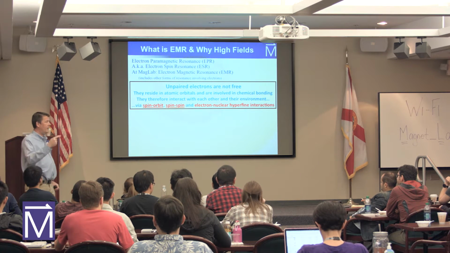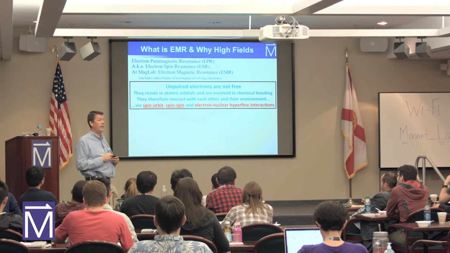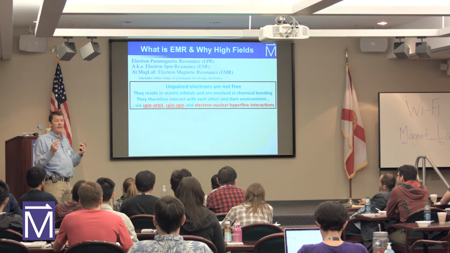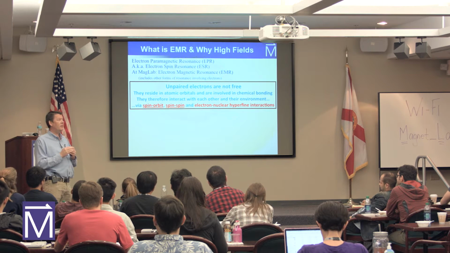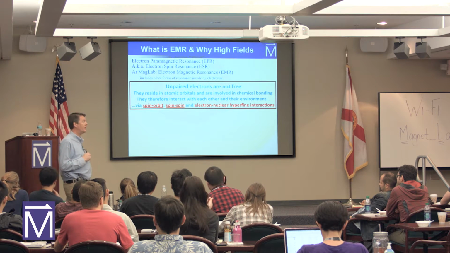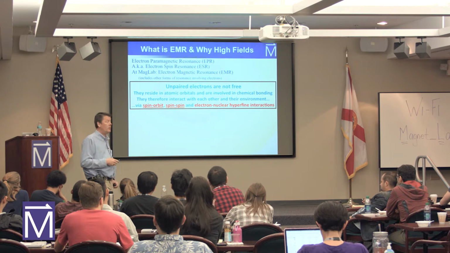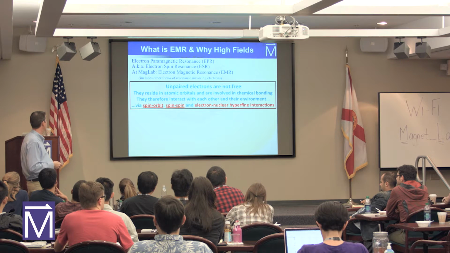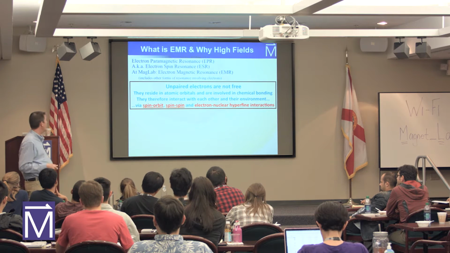And if you measure an electron spin resonance or electron paramagnetic resonance spectrum, you find that you get shifts in the spectrum relative to what you'd expect if it was a completely free electron. From the spectrum that you measure, you can learn something about the local environment, about the structure of a material, and about the magnetism.